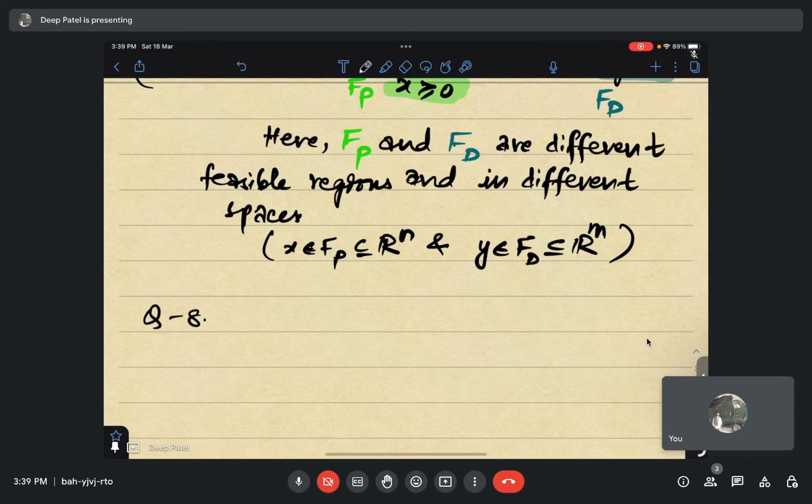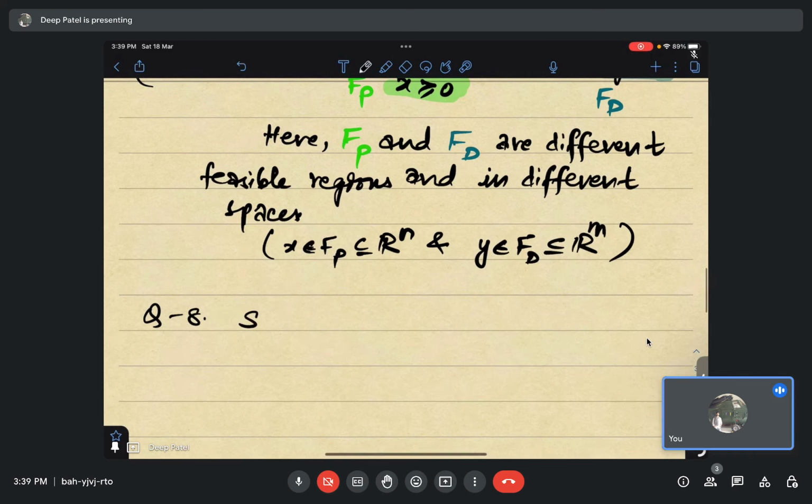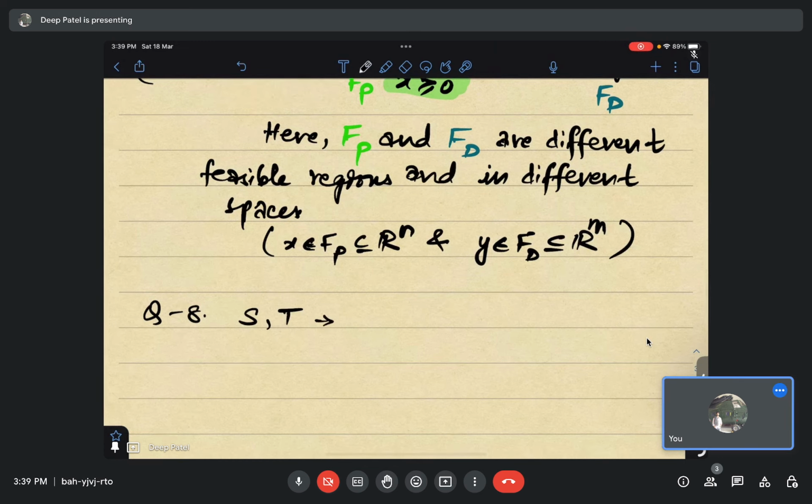The next question: there are two sets which are closed and they are disjoint.